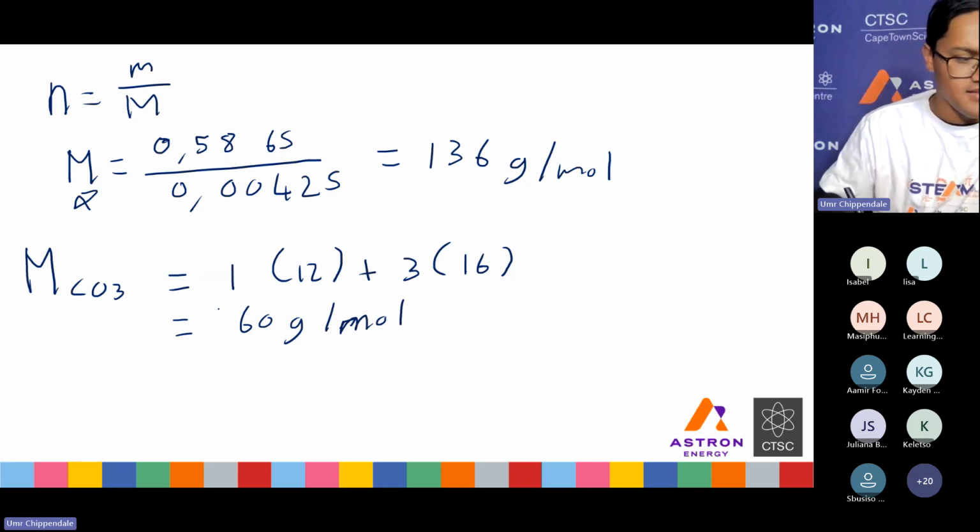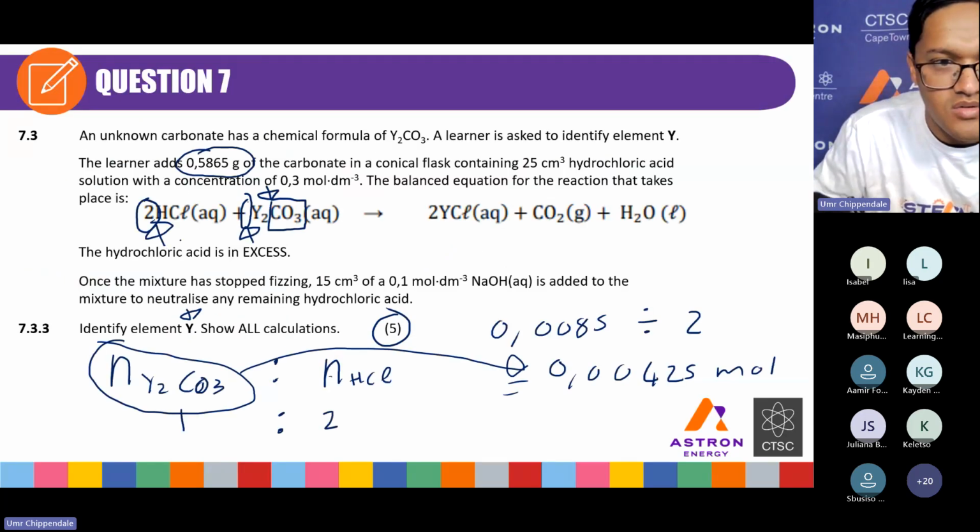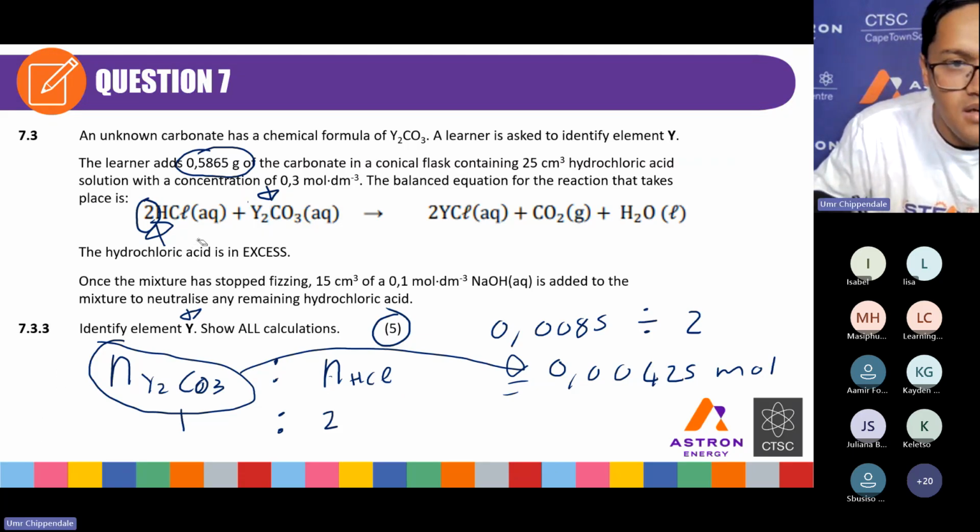So, okay, now we have this. So now what we can say is, what was left over? Now in our reaction, there's a lot here. Let's erase this. Now I want you to focus on this part. So we dealt with this part, so we only have Y2 left over.